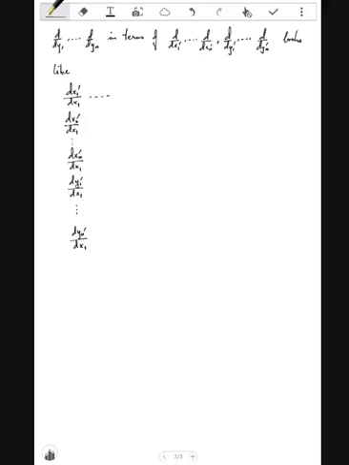This goes on till the nth column in which we are writing d by dxn in terms of the primed vectors.